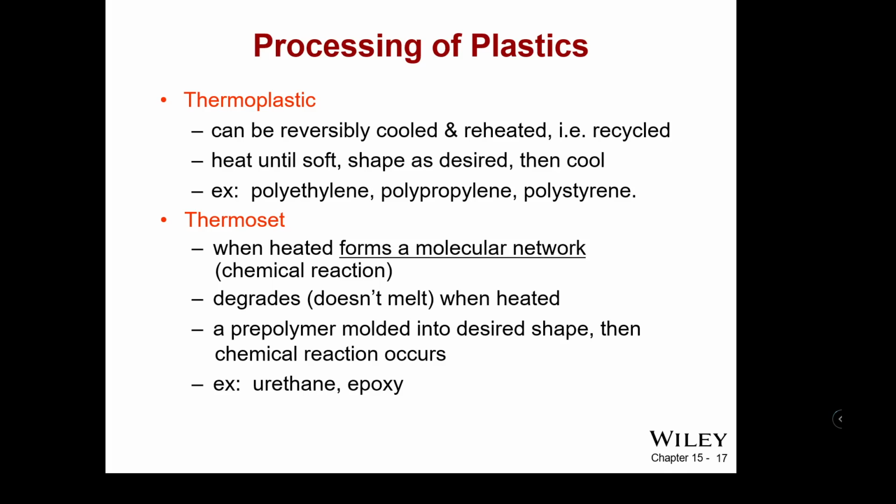The thermosets are forming a molecular network when they're heated and there's an actual reaction. They don't melt when they're heated, so they tend to be stable under temperature. And a prepolymer molded into the desired shape and then heated gives you the desired shape and the chemical reaction form. So something like a urethane or an epoxy.